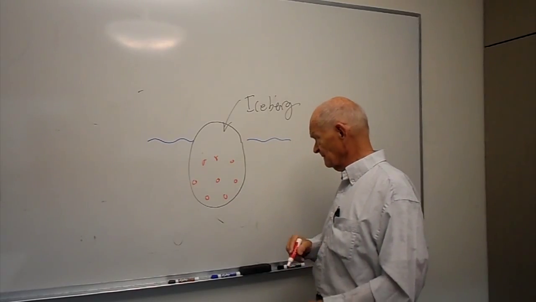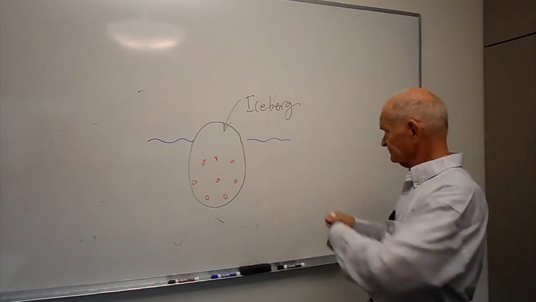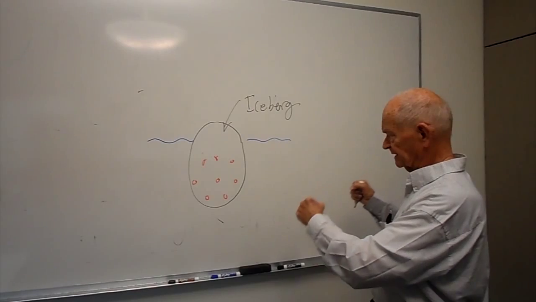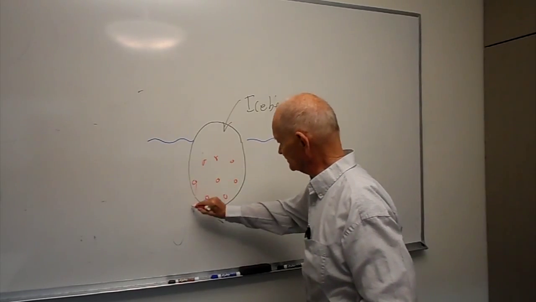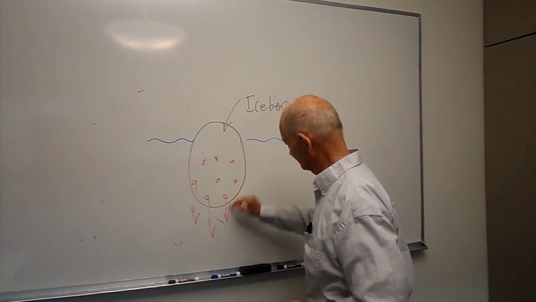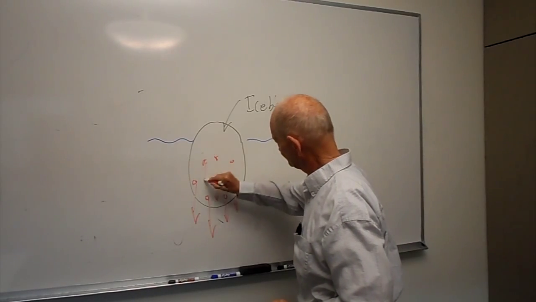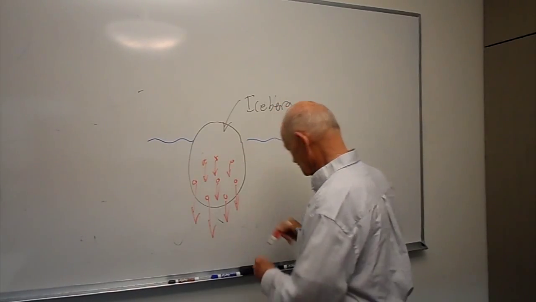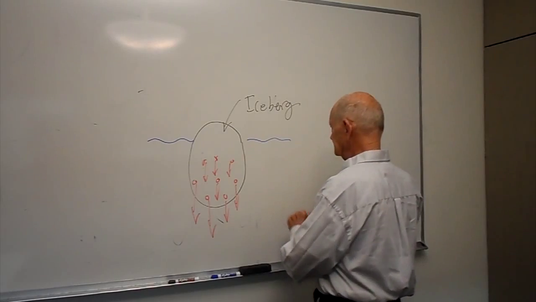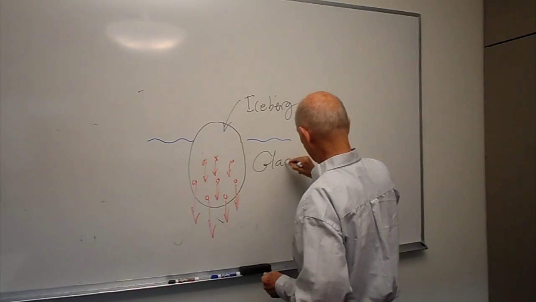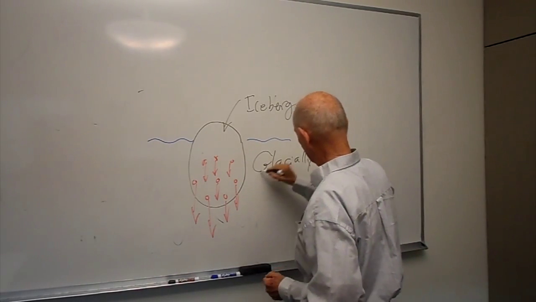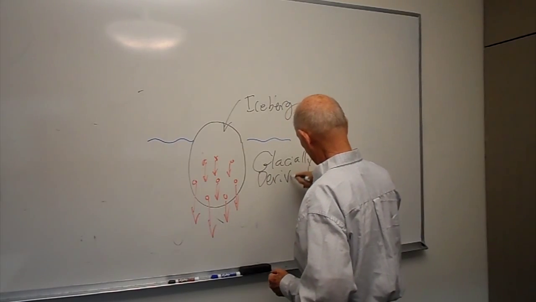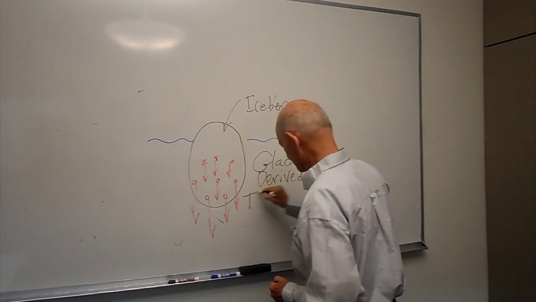And when the glacier pushes this iceberg out into the water and it begins to melt, this material eventually is going to sink down to the bottom. So we're going to have glacially derived terrigenous sediment.